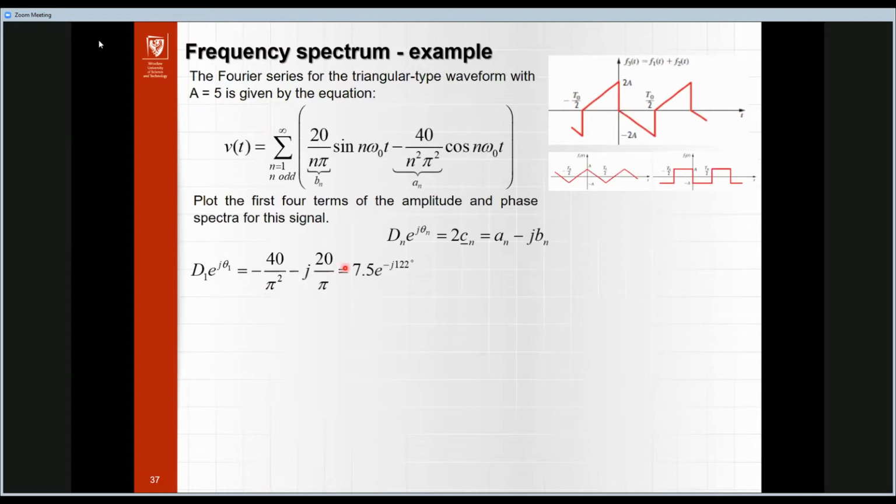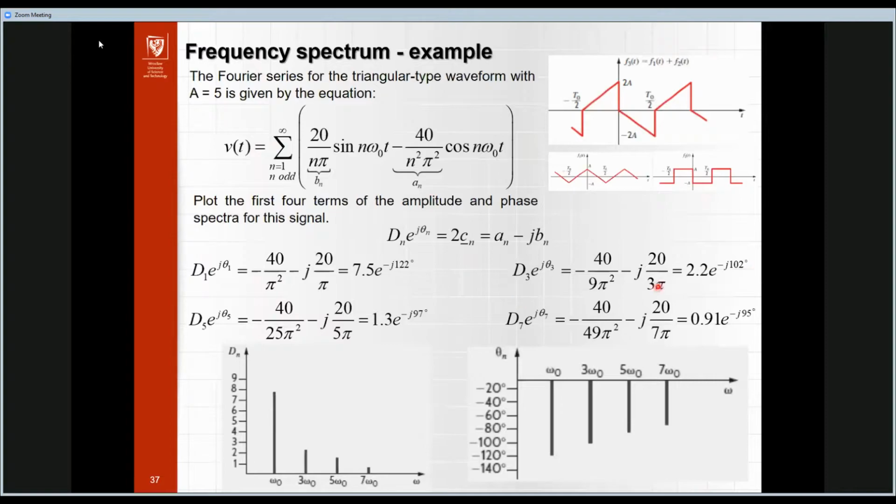But of course we can put here the j because it is connected with the imaginary part. Okay, and we change the form from a complex number to the amplitude and the phase for the first harmonic, and we make the same for the third, for the fifth harmonic, and for the seventh harmonic.